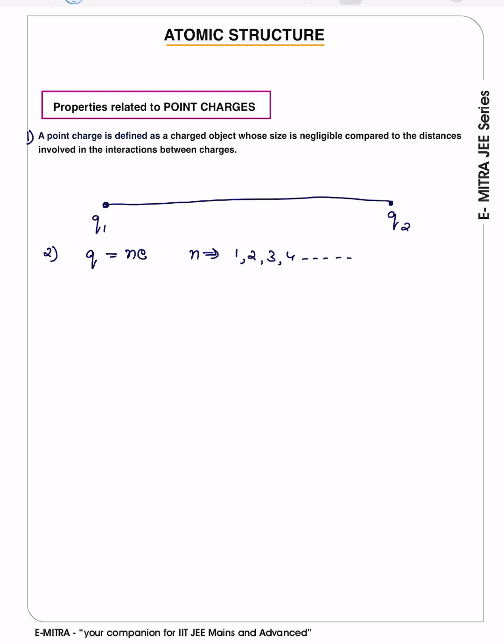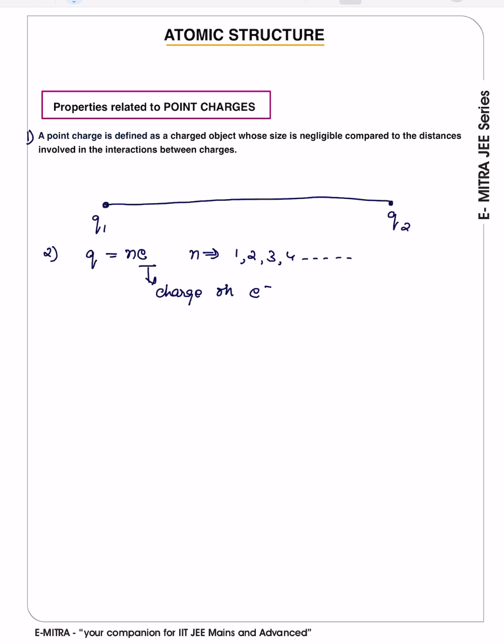So charge will always exist as an integral multiple of e, and e is the charge on the electron. It means the charge on the electron is the smallest charge that we are considering.